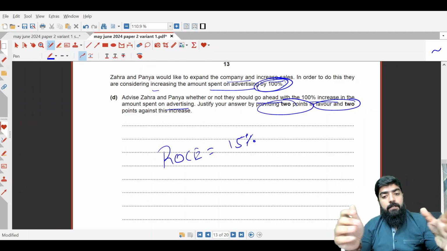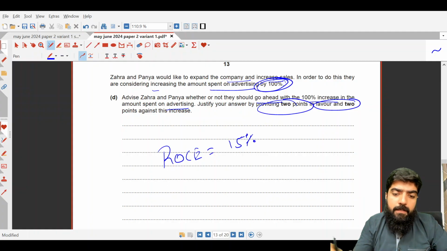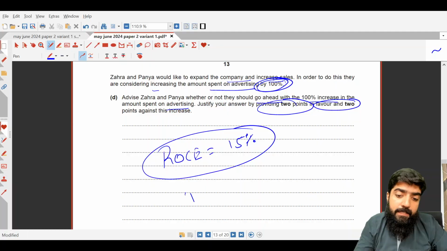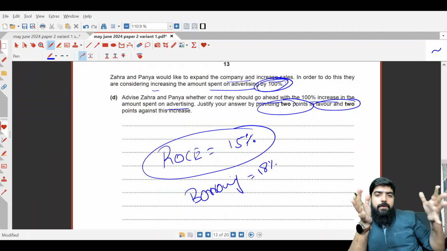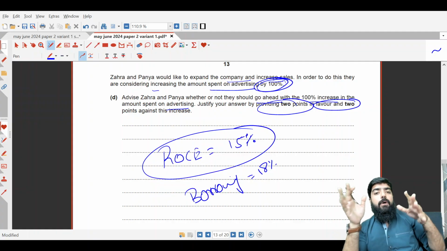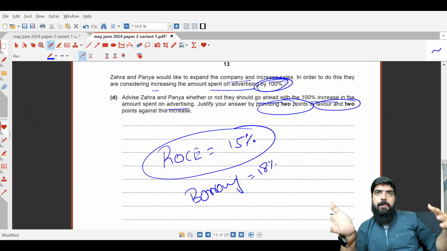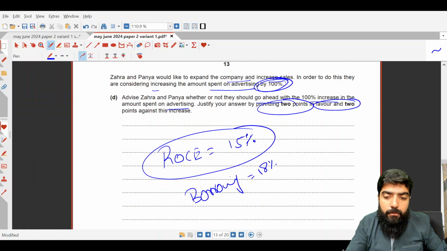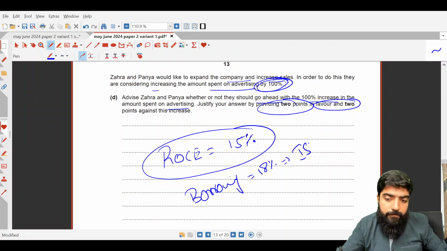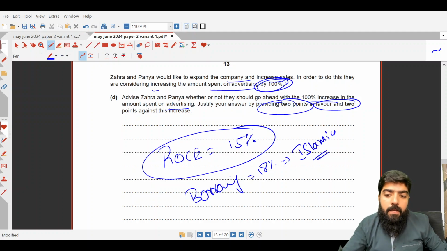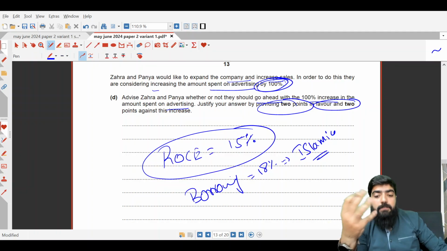Exactly. Yes, you can comment on this one that if the company's return on capital is 15% and the borrowing rate in the market is, let's say, 18%. So obviously a businessman, remember, if we are suggesting in the paper, it's quite a neutral opinion. It's not necessary that you invest in the haram business. Sometimes Islamic banks or Islamic finances are also offering a good profit rate or return rate.